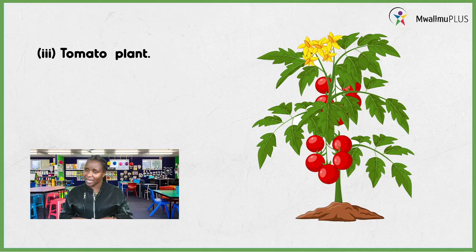Now, another example, the tomato plant. I know many have seen this. Tomato can grow even in our compound. Yes, it can be planted even in a tin. So this is how it looks like. Good.